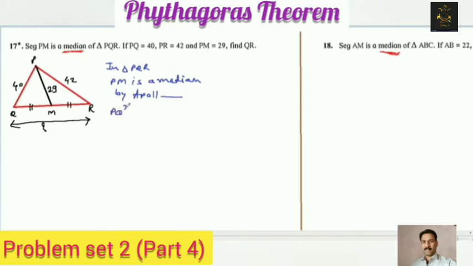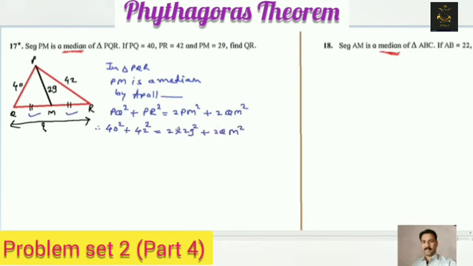PQ square plus PR square is equal to twice PM square plus twice QM square, you can take either QM or MR. We'll take QM square. Now put the values: PQ square is 40 square, PR is 42 square, PM is 29 square, and the remaining part just keep as it is.